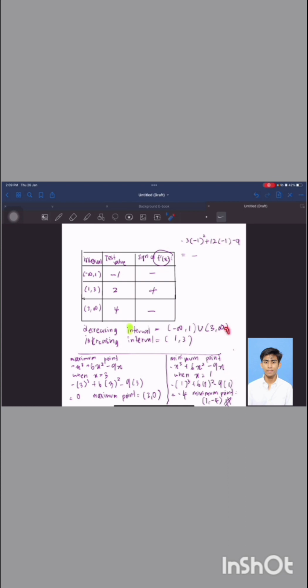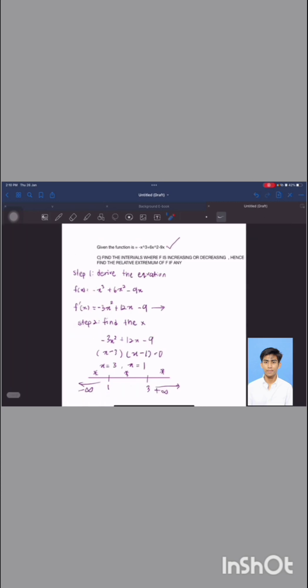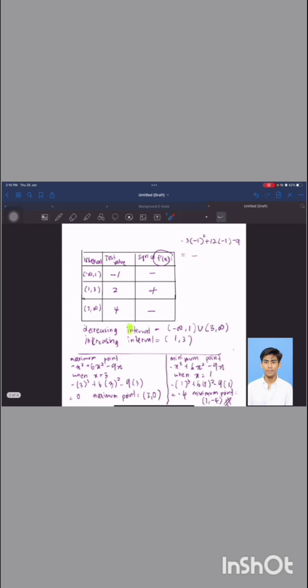So then you get the mark here, and then you need to find the extremum. So you need to find the minimum point and maximum point. So maximum point here, how do you find it? You need to use the function, and then you enter the value x equals 3, which you found earlier. You insert the 3 inside the function, same as the minimum point.